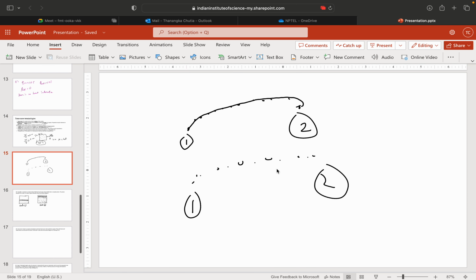If going from point 1 to point 2 there are an infinite number of steps, and at each and every state the system is in thermodynamic equilibrium, and that is why you could get a point there, then this type of process is called a reversible process, because you can go back along the entire path again.